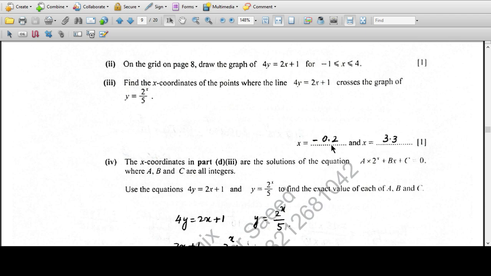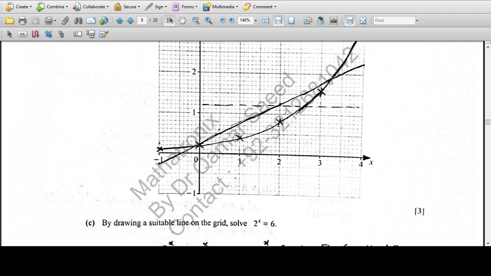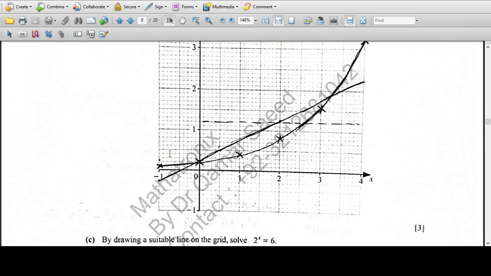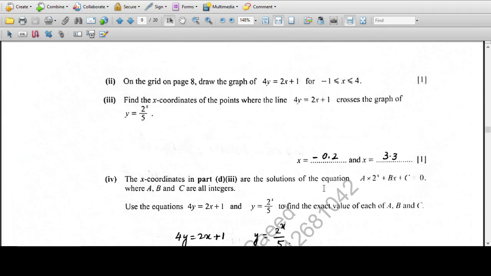So at these two values, we can see that the line is crossing this curve. This line equation is 4y is equal to 2x plus 1, and these values are plotted and make a straight line. It is intersecting the curve here and here. So these values are obtained as x.